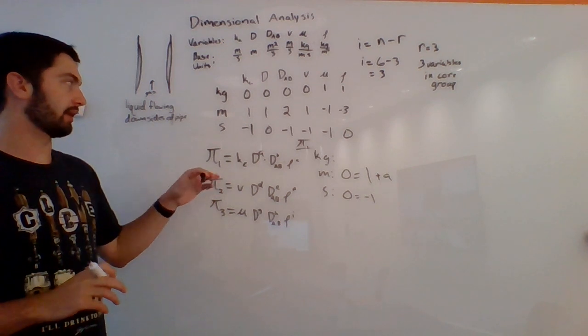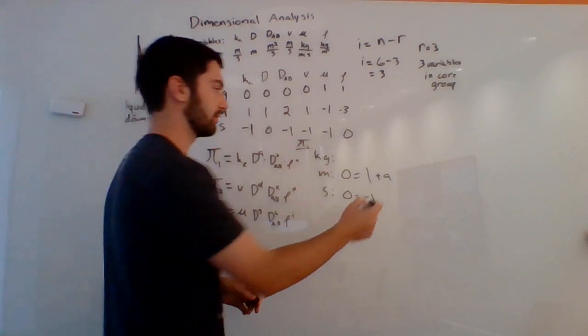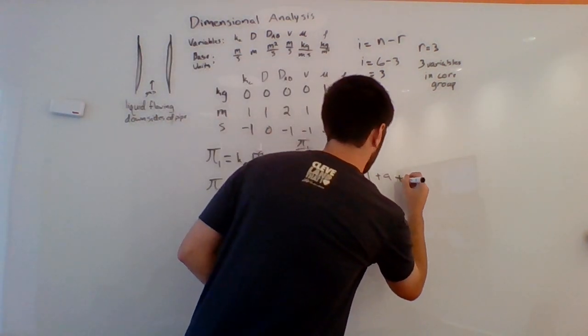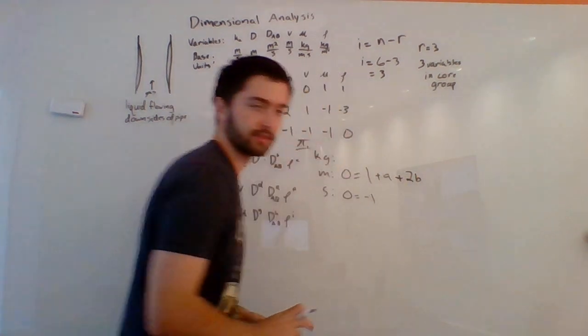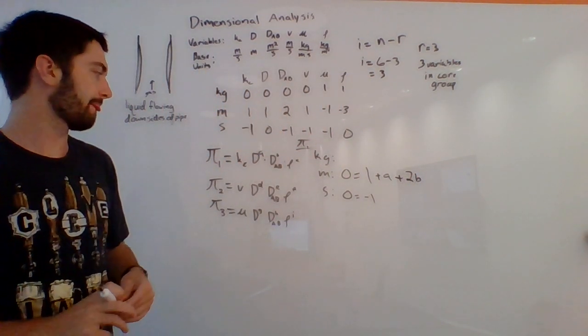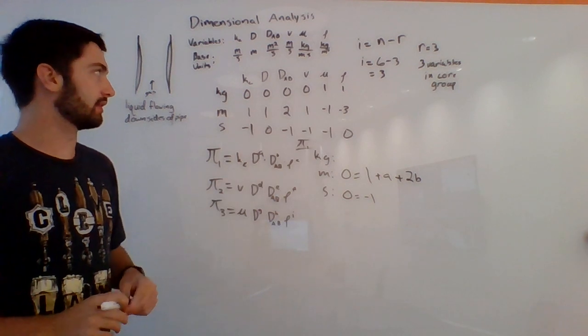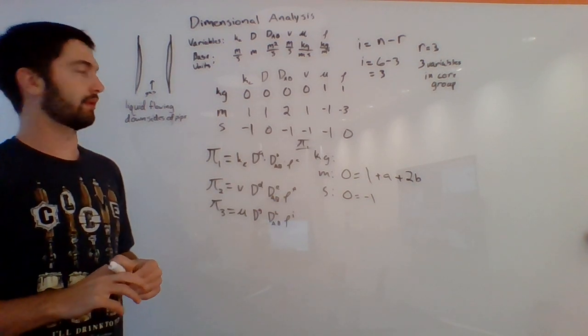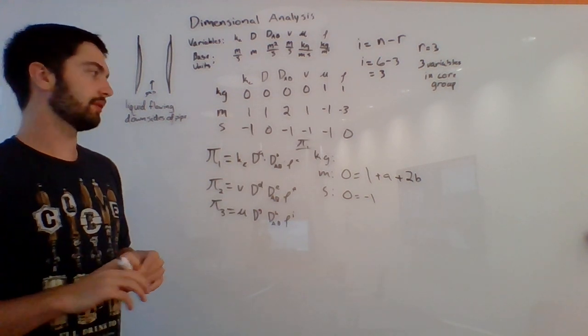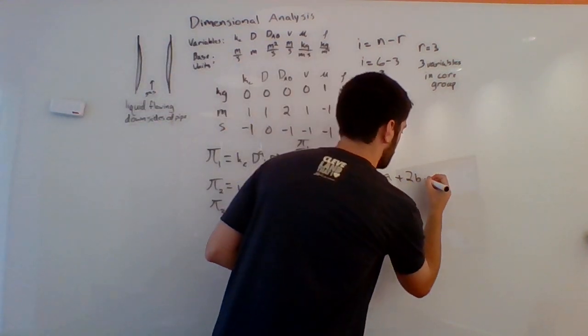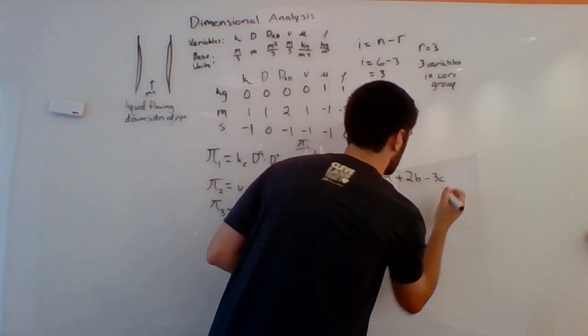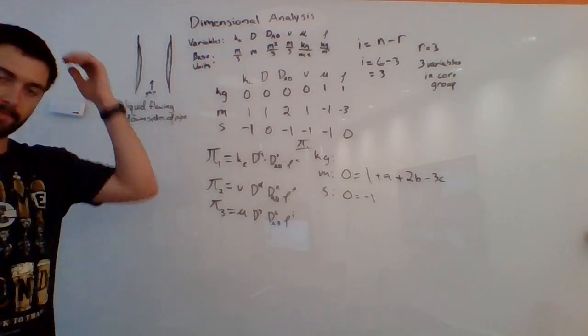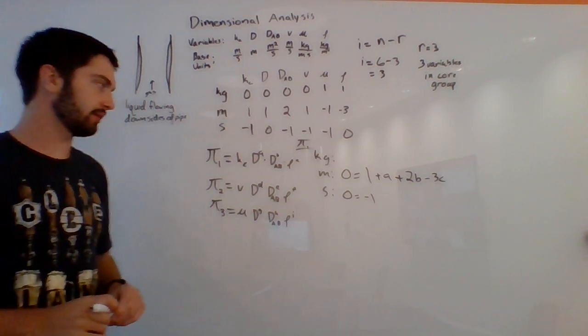So we know that that has 2 meters in the numerator, so we can say plus 2b in the meters equation. And then C for the density has meters cubed in the denominator, so we can say minus 3c. And then that equation is done.